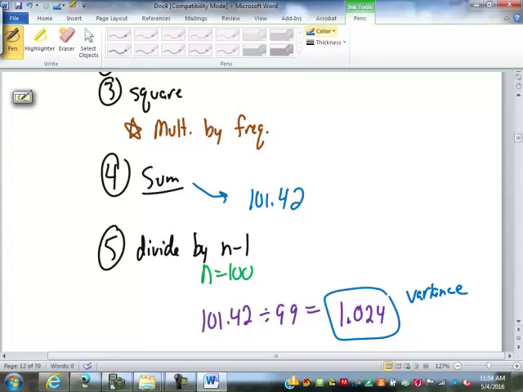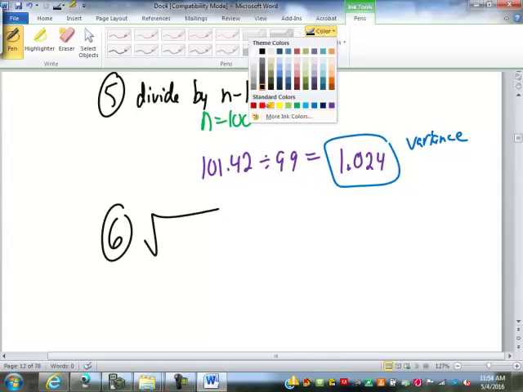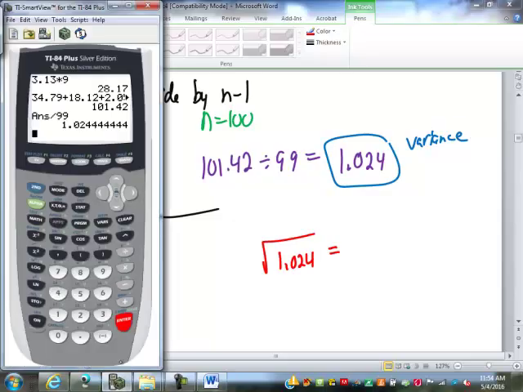But to get the standard deviation, we have to do one more step, and that is the square root. So the square root of 1.024. So my calculator, second square root, second answer. 1.012 we're going to go with.